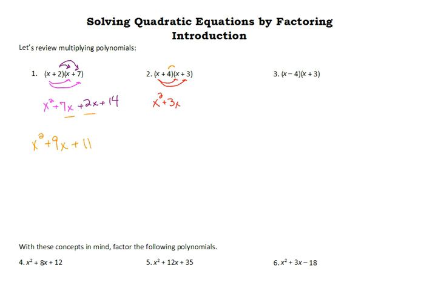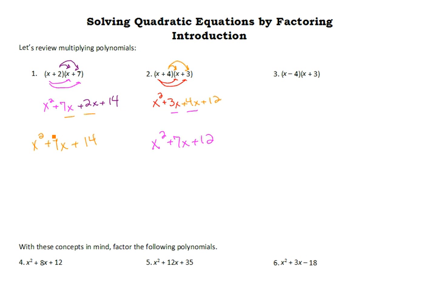Then we're going to distribute a 4 through in order to get a 4x and a 12. Okay, combining those middle terms, we end up with 7x, and then we end up with 12.